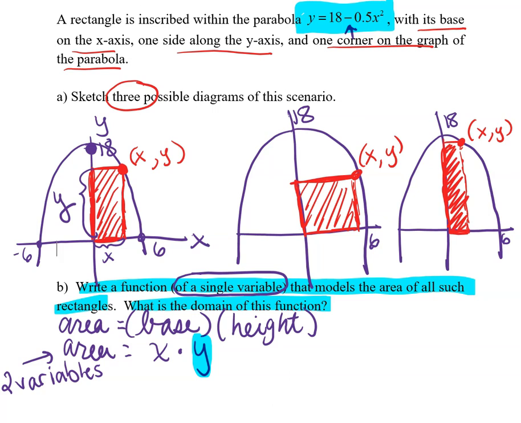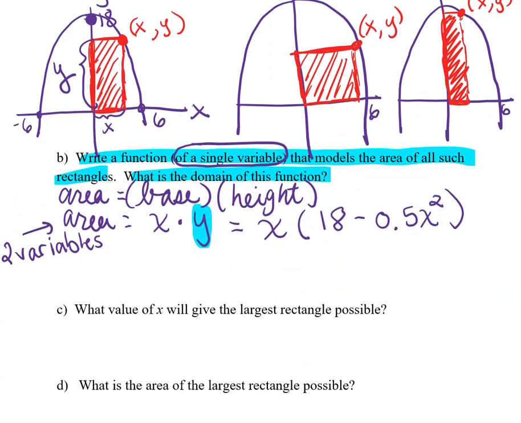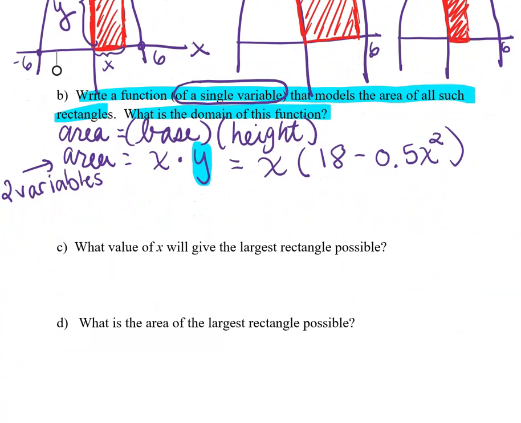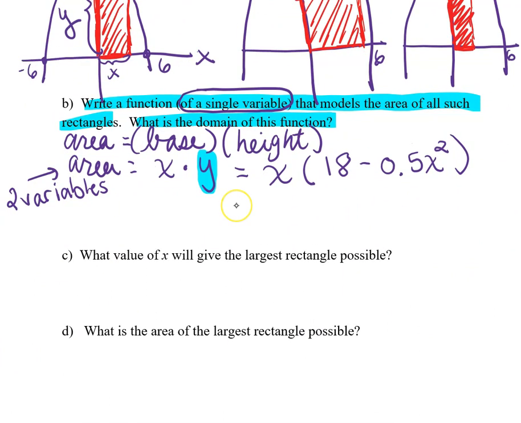So what I could do is a substitution for that y, since y is the same as 18 minus 0.5x squared. And then I could distribute that x so that I end up with 18x minus 0.5x cubed.